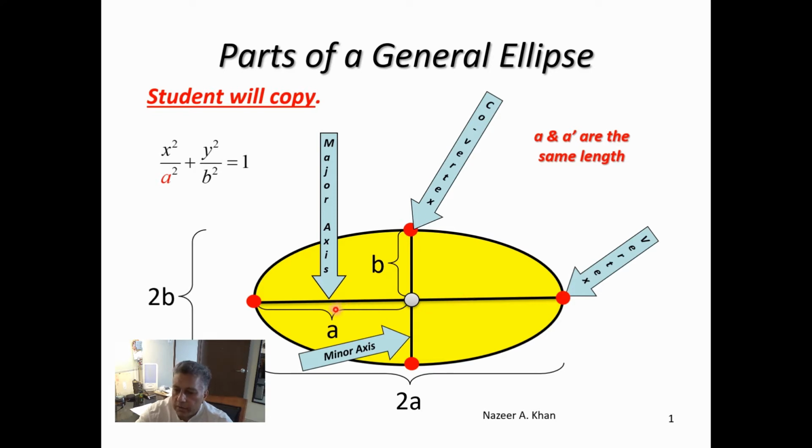You'll have two parabolas with their focuses on the inside along the major axis. The next step that I want to explain is that the length from the center to the vertex of the major axis is known as a. 2a is the full length of the major axis.